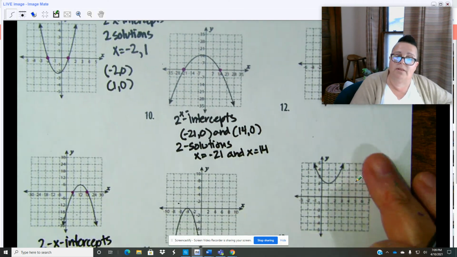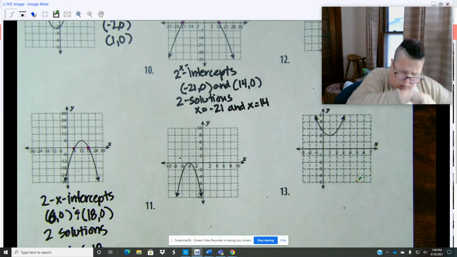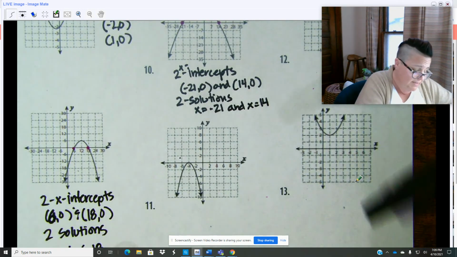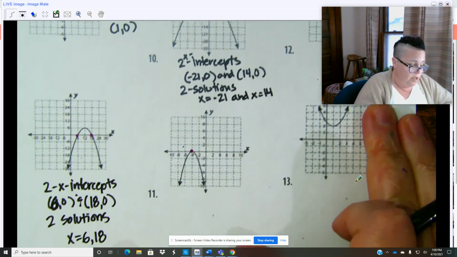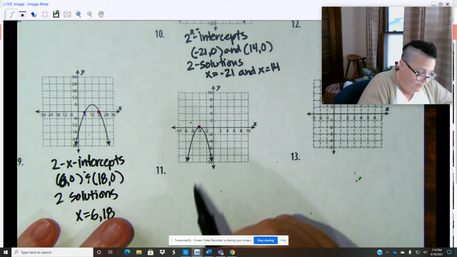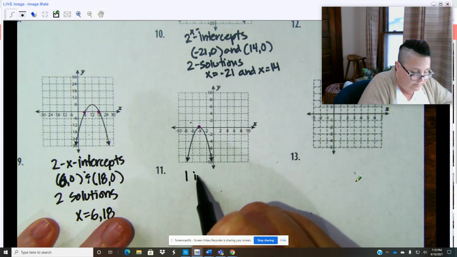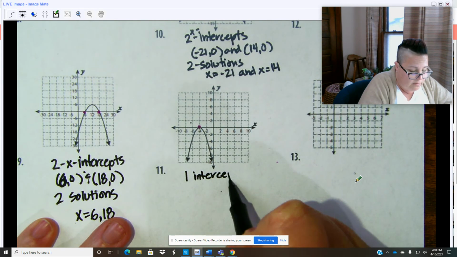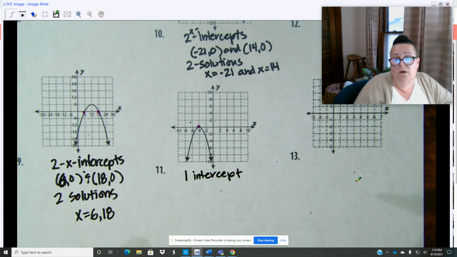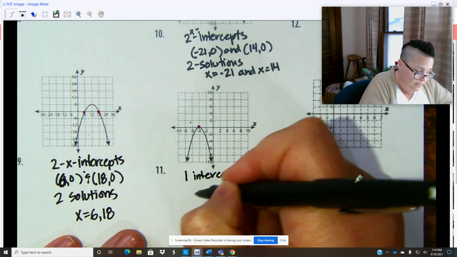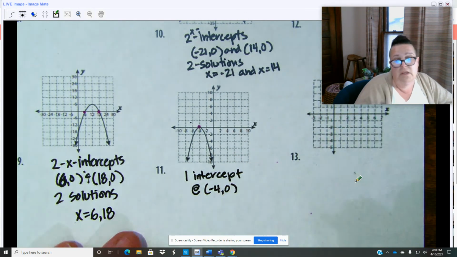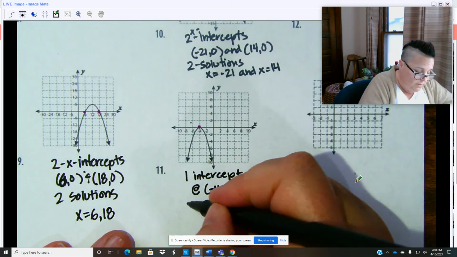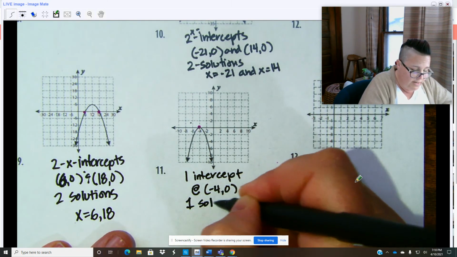With problem number 11, we see a slightly different outcome. We only have one intercept. This one intercept is at (-4, 0). This tells us there is only one solution to this quadratic equation.